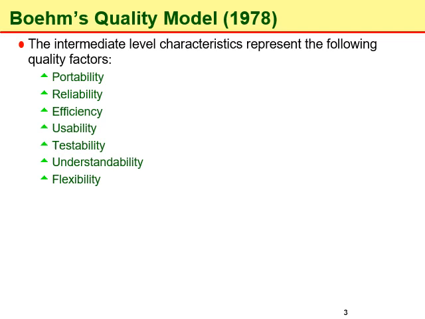Then understandability, that is, the code possesses the characteristic understandability to the extent that its purpose is clear to the inspector of the code. Then flexibility, that is, the code possesses the characteristic modifiability to the extent that it facilitates the incorporation of changes once the nature of the desired change has been determined.